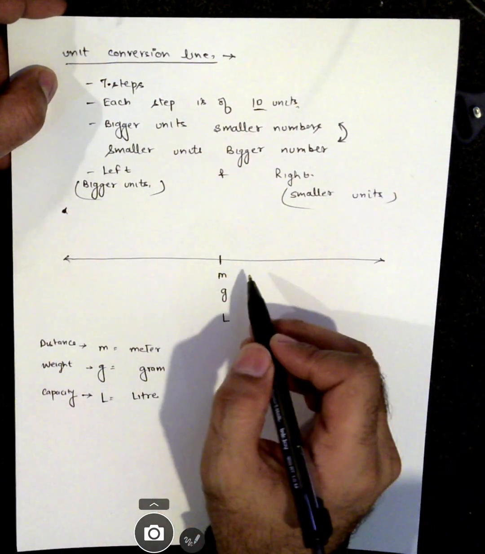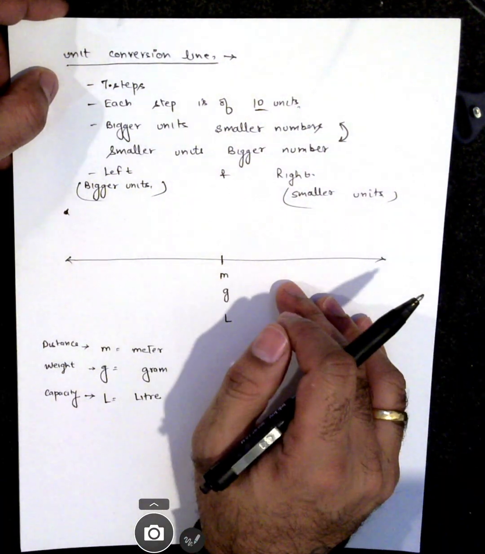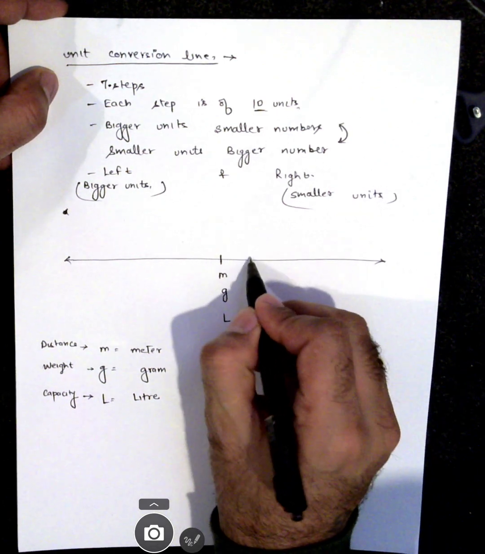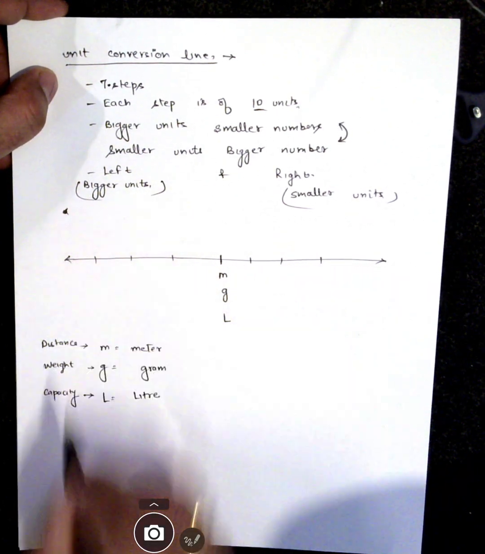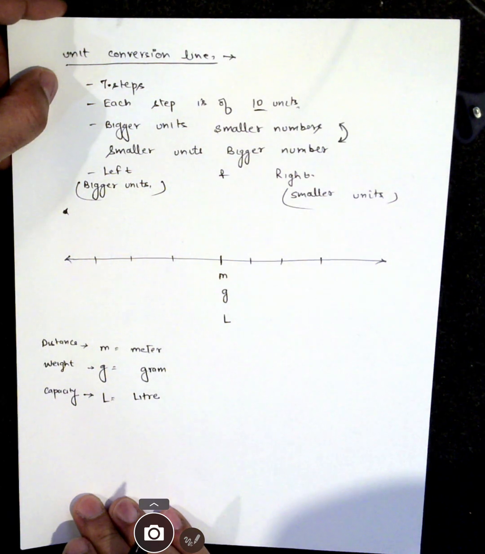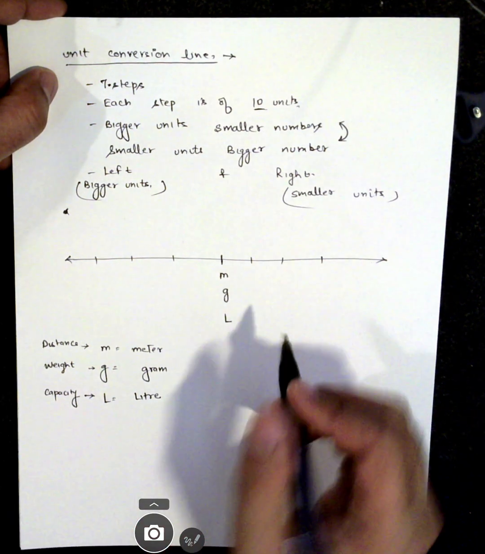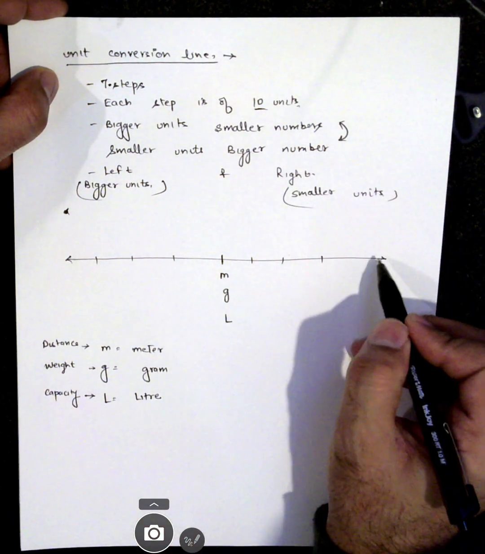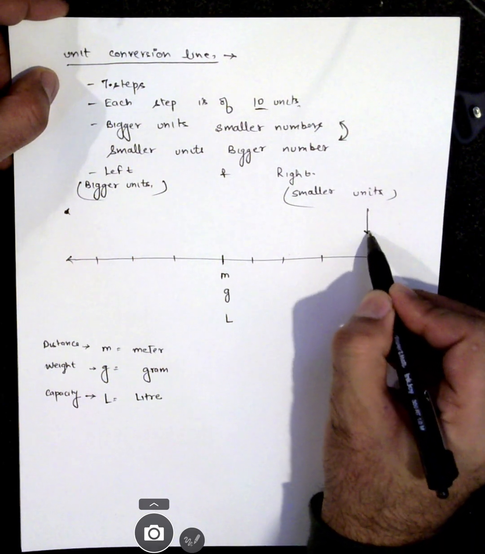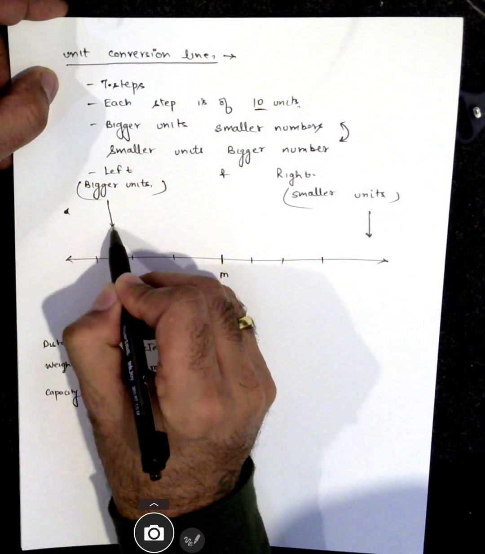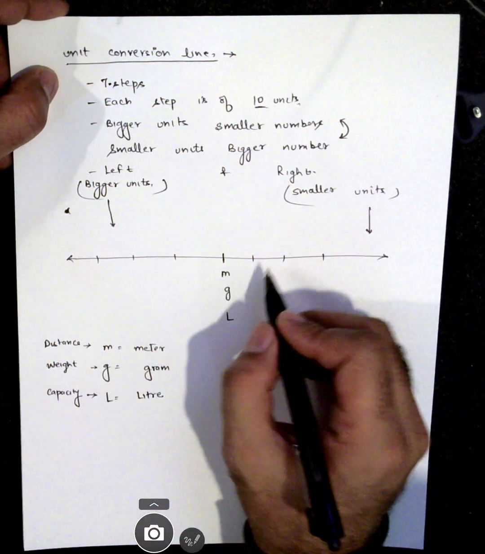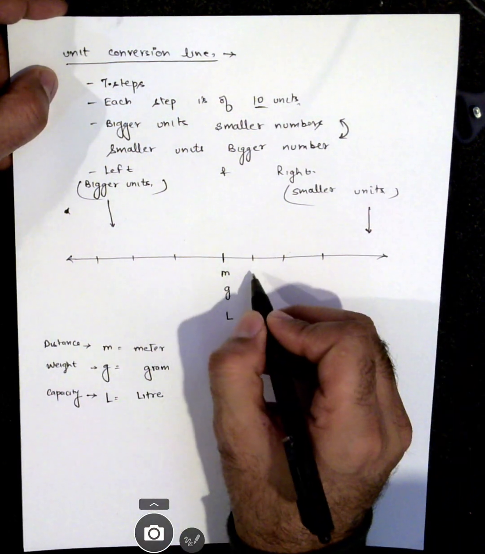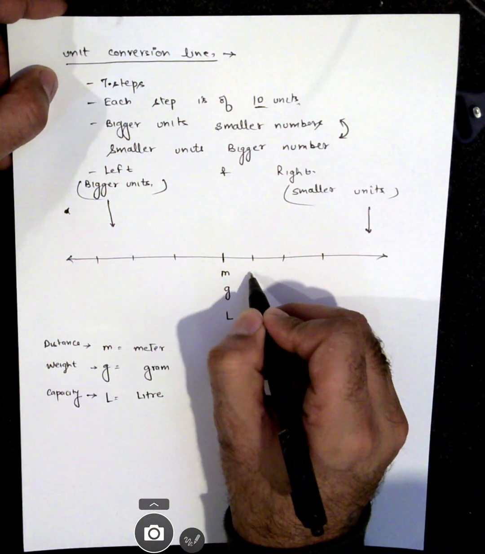On both sides, left side and the right side, we are going to make 3 marks. 1, 2, 3. 1, 2, 3. And as I said, on right side, we will have smaller units. So this is my right side, this is my left side, we should have bigger units. Now, the first one on the right side is deci.